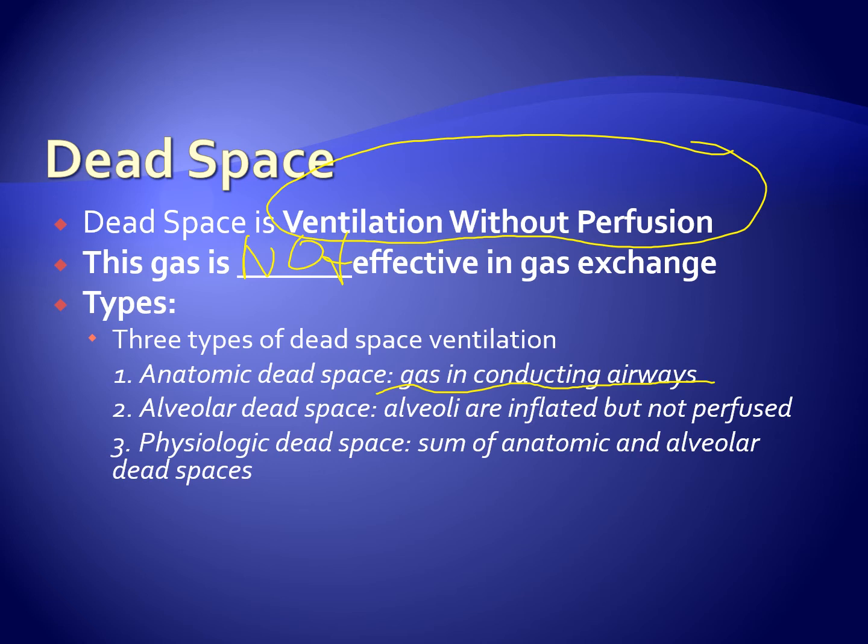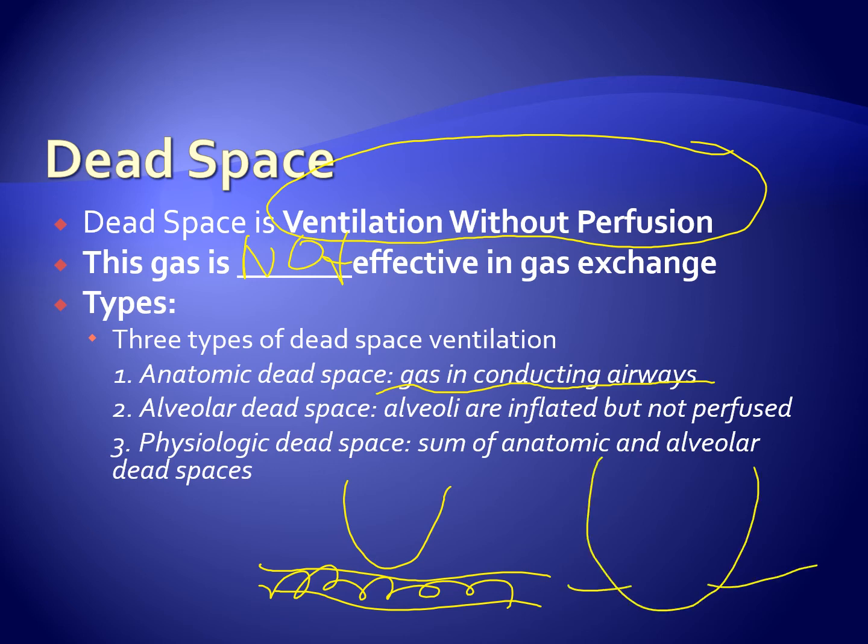Alveolar dead space means that the alveoli is inflated, but there's no perfusion. So here we have an alveoli, and then blood flows past it, right? Normally we have just blood just flowing past this alveoli. Well, let's say we have a severe hyperinflation situation, and this patient's air trapping a lot, and so it actually pinches off blood flow to the respiratory zone.